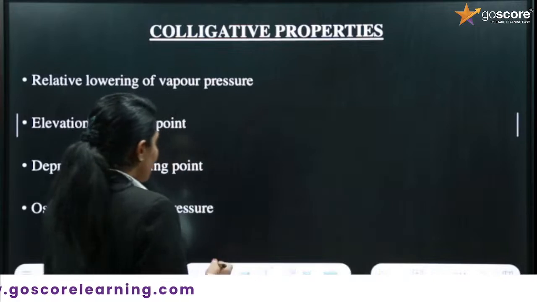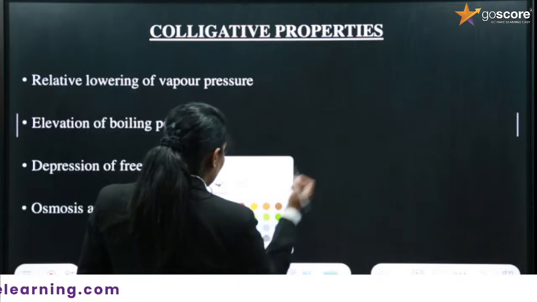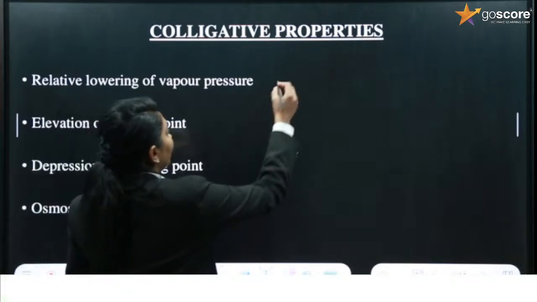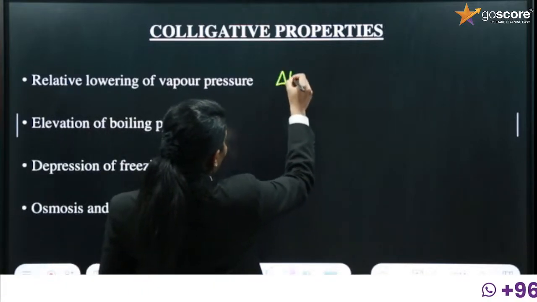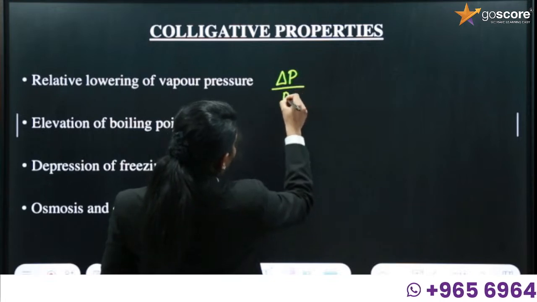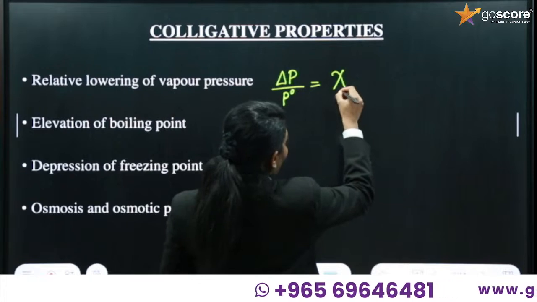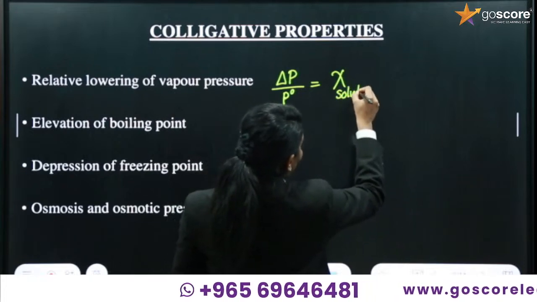So what was the expression that we learned in the last part about the relative lowering of vapor pressure? It is delta P upon P naught is equal to mole fraction of solute, right?